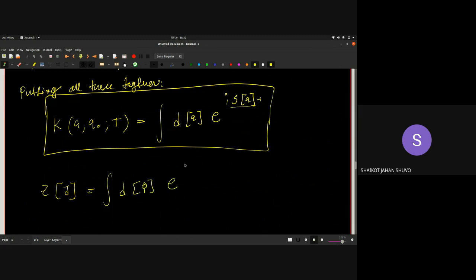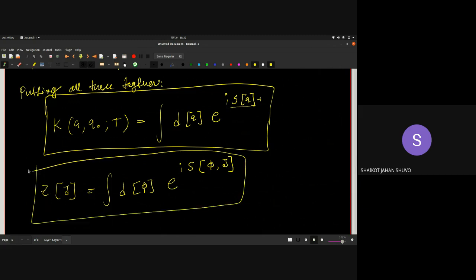You would have an action that consists of the fields and some source. And from this thing, you can figure out each and every interesting quantity.